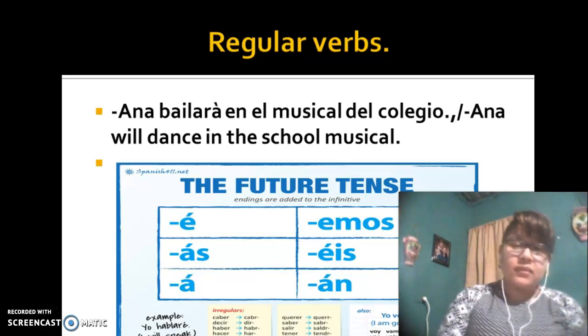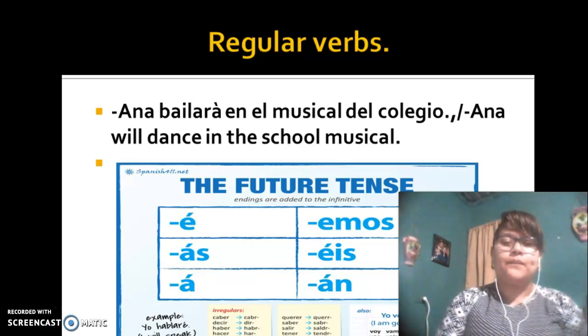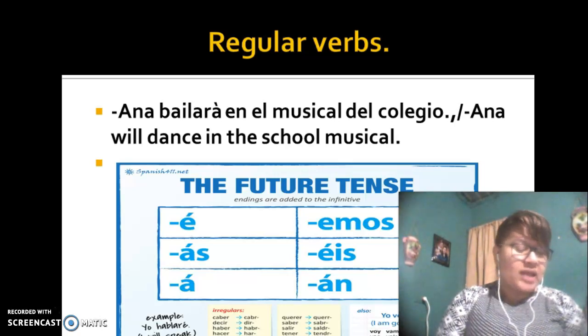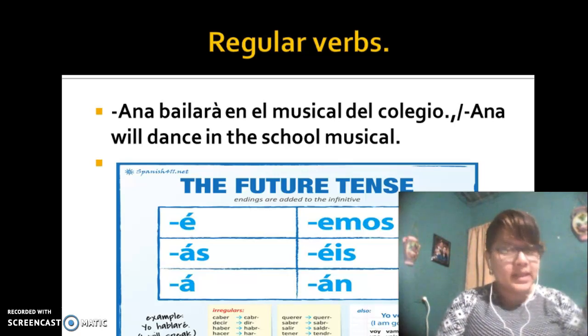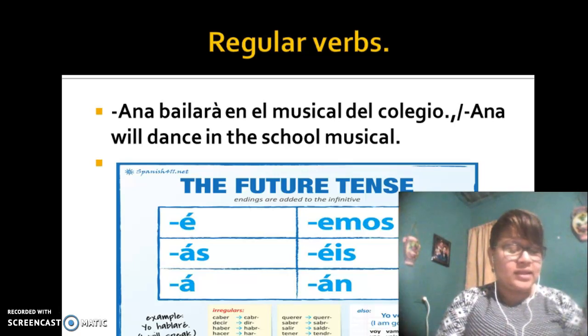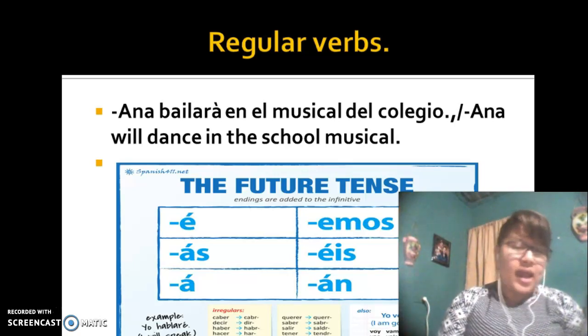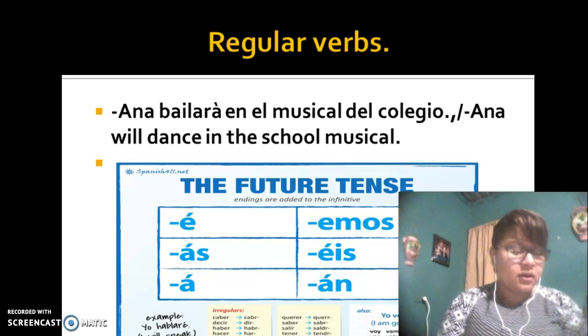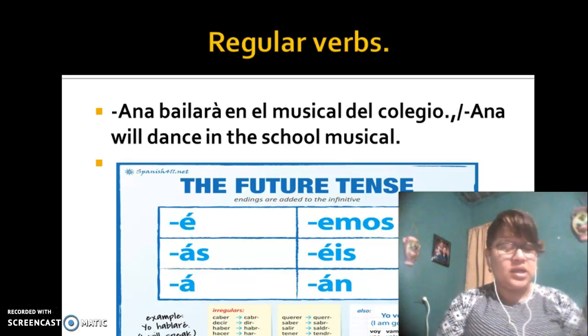And in this part, I think it is important to emphasize that in regular verbs the infinitive remains complete, and we always have these endings: é, ás, á, emos, éis, án, while in irregular verbs the stem could change.